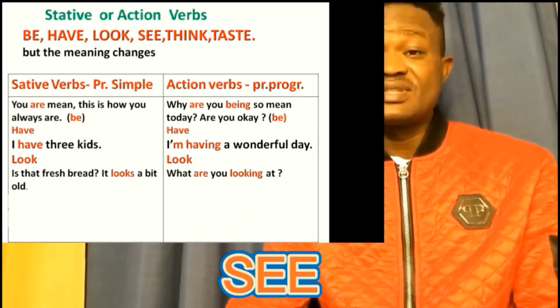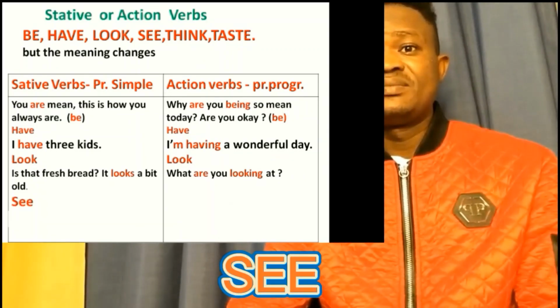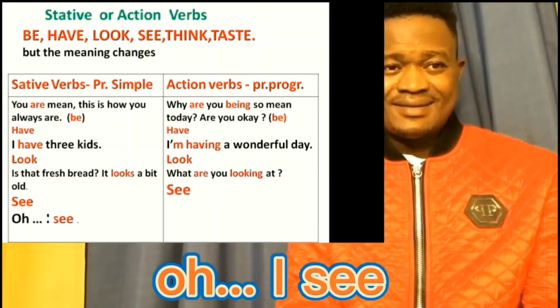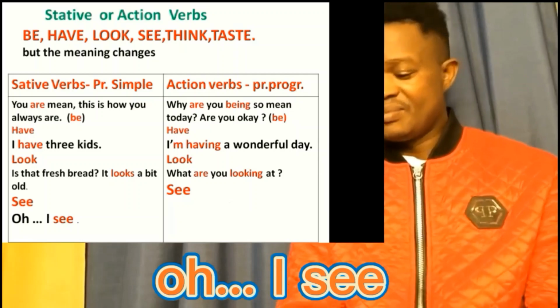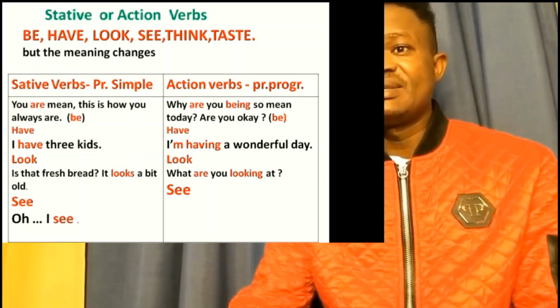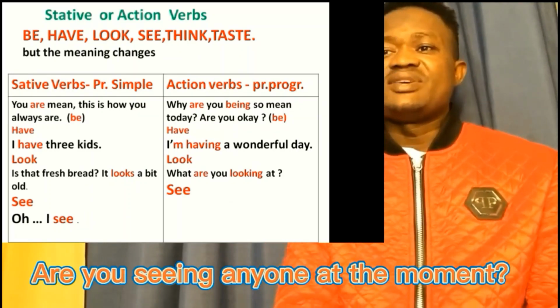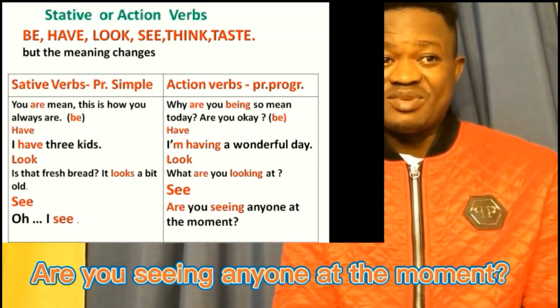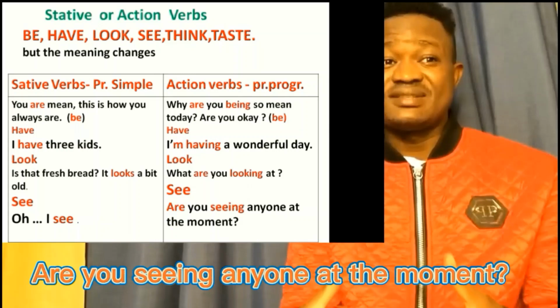Let's use see. Oh, I see. Okay, in present simple. All right. Are you seeing anyone at the moment? Are you seeing anyone at the moment? That's like saying you are dating someone.